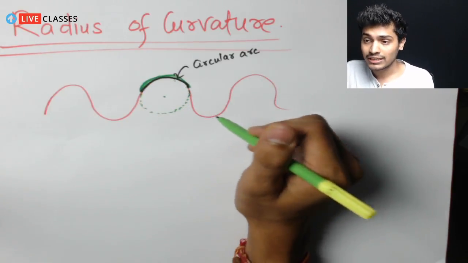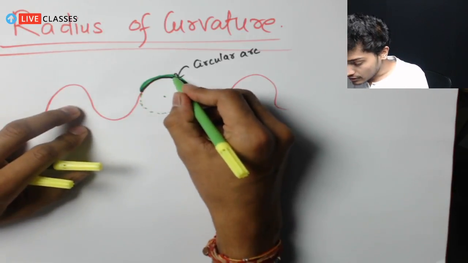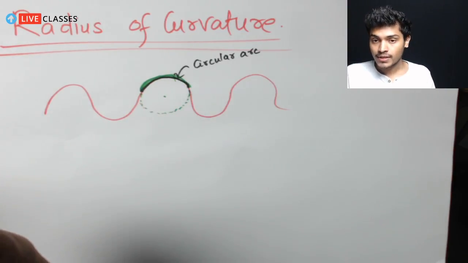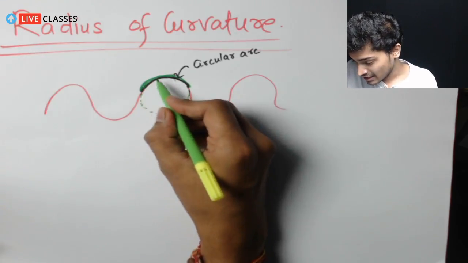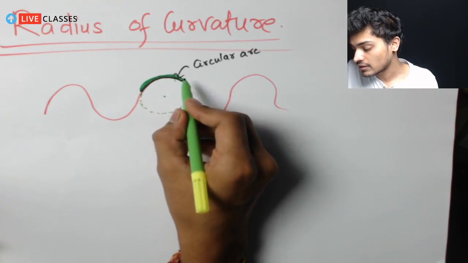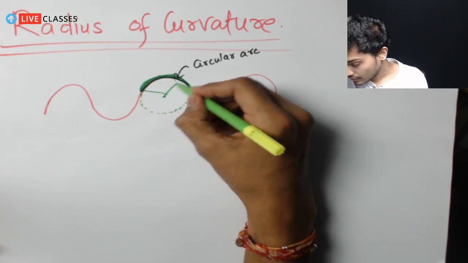So first of all, let's define what the center of curvature and radius of curvature are. The radius of curvature is nothing but the radius of that circle which exactly fits this arc length. So here the radius of curvature will be this one.